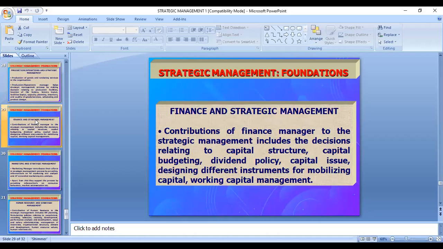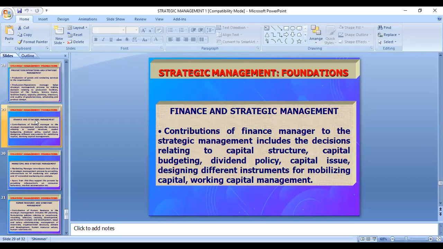Finance and strategic management. Contributions of the finance manager to strategic management include decisions relating to capital structure, capital budgeting, dividend policy, capital issue, designing different instruments for mobilizing capital, and working capital management. The best example that I will give you is the COVID situation, when organizations were facing problems. It adversely affected mostly marketing, finance, and HR.